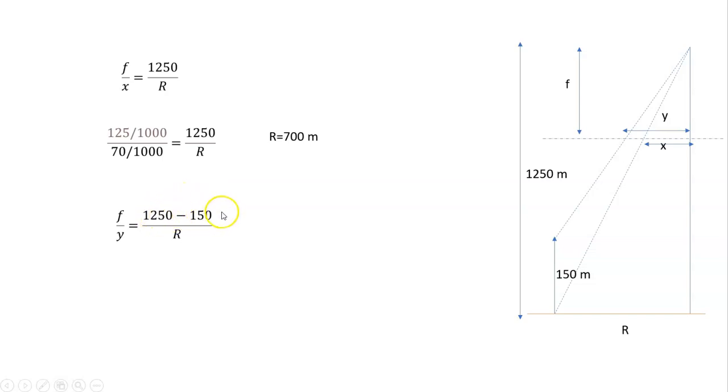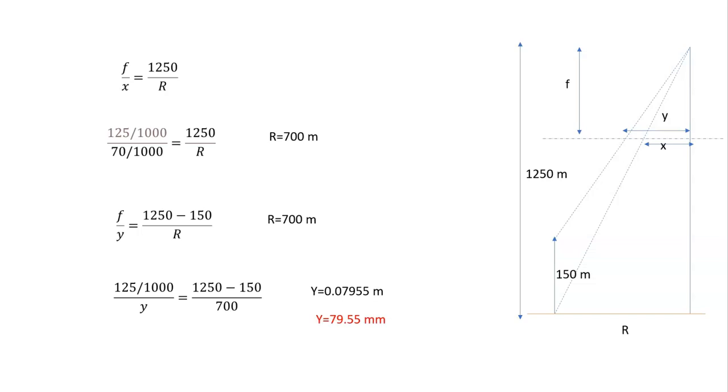So f divided by y equals 1250 minus 150 divided by r. Now r is 700 meters, calculated from the previous calculations, and y is the unknown value. Upon further simplification, y is about 0.07955 meters, or the y value calculated is about 79.55 millimeters.